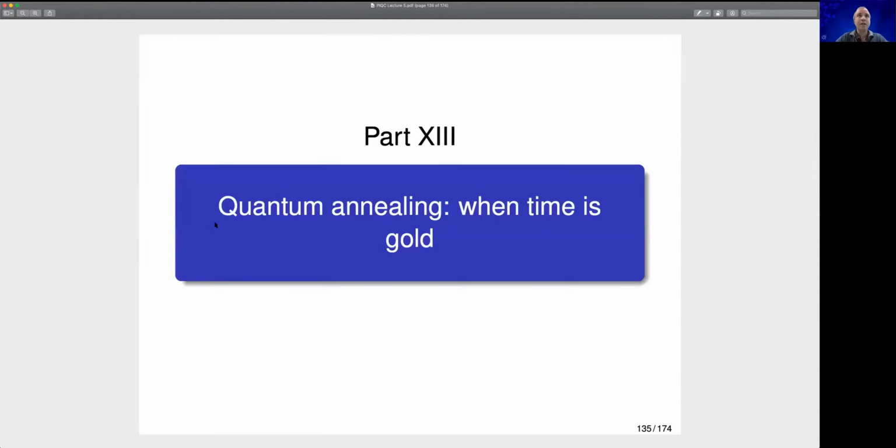Okay, so up to this point, we have been studying algorithms which somehow require that our quantum computers are perfect. They perform all these operations perfectly, they measure all the results perfectly, and we do all our analysis taking as a given that we are able to implement all this perfectly.